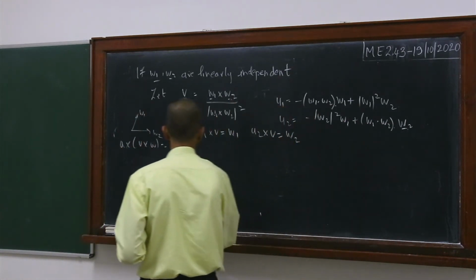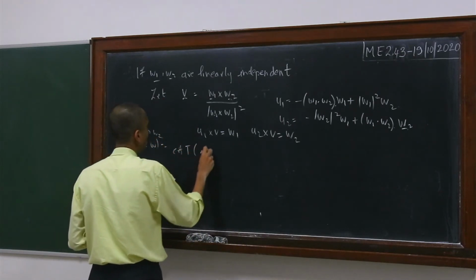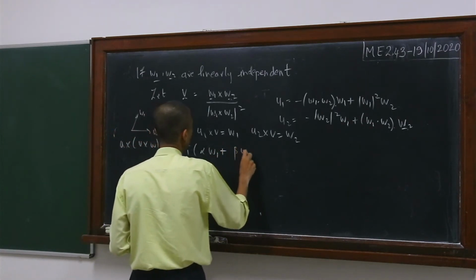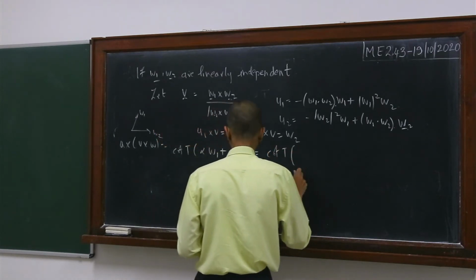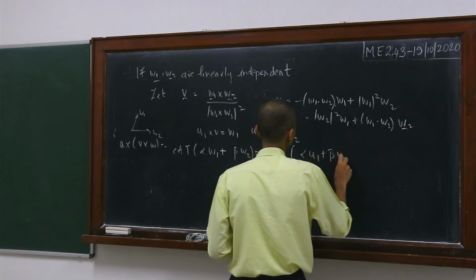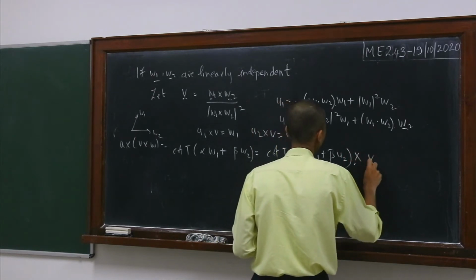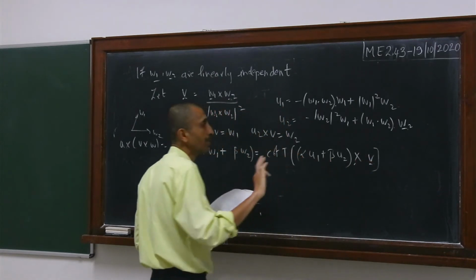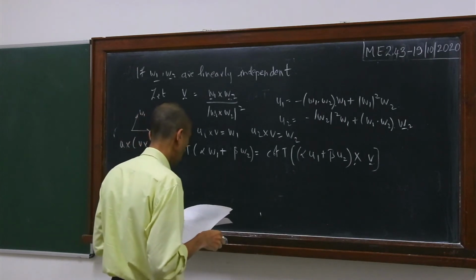So cofactor of T acting on alpha W1 plus beta W2 is equal to cofactor of T acting on alpha U1 plus beta U2 cross with V. This is the key step, as I said: the U1 and the U2 can be different, but the V needs to be the same in order to show linearity here.